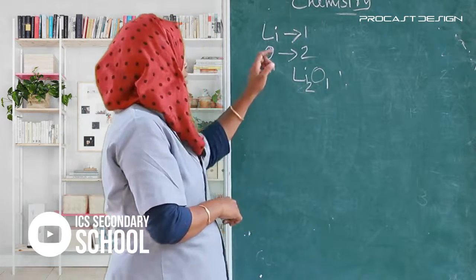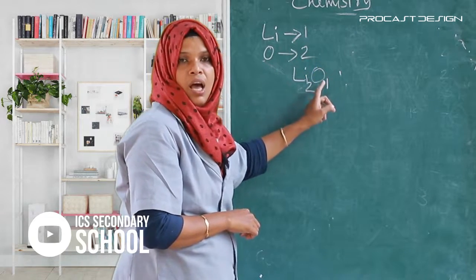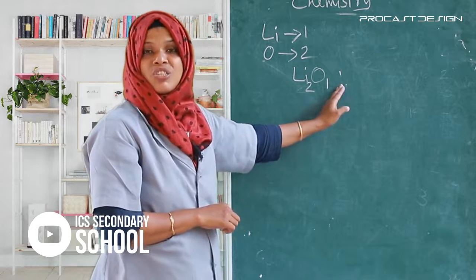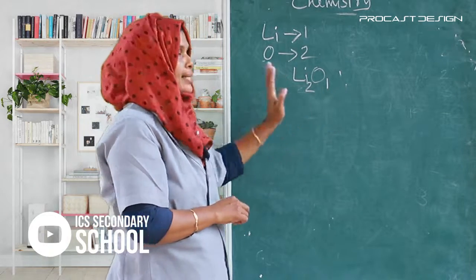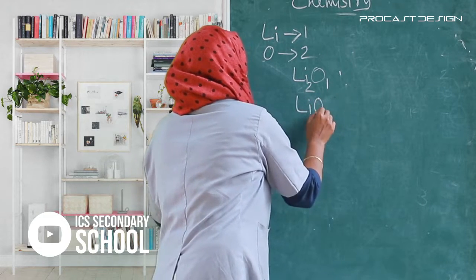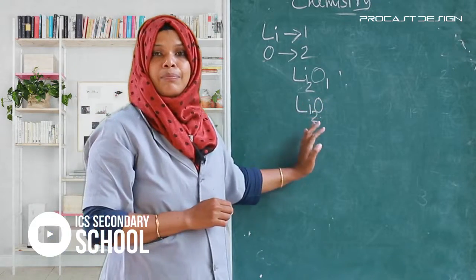Li2O1. The valency of oxygen is put on Li. If there is a 1, it need not be written. So, the chemical formula of lithium oxide is Li2O.